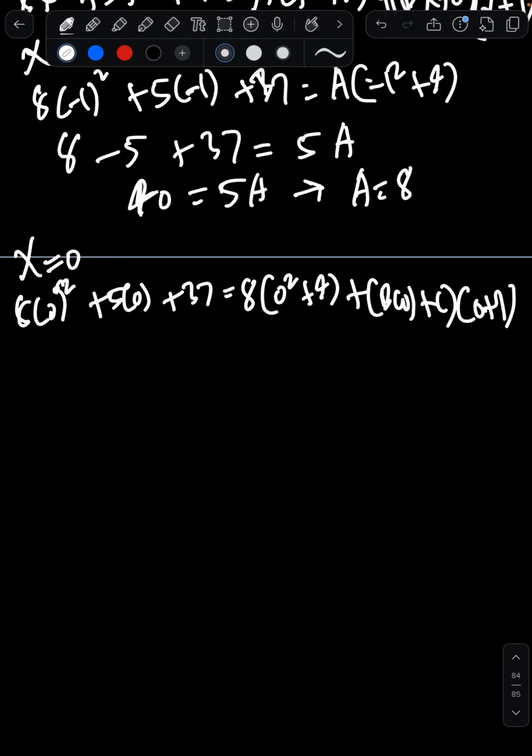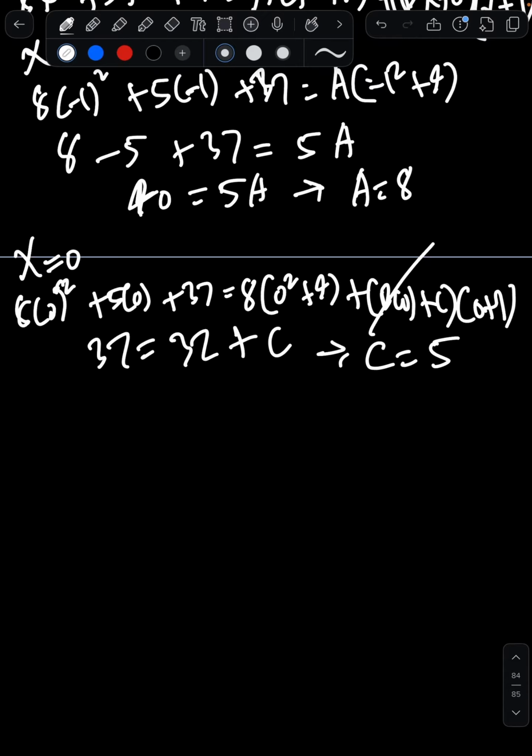Simplifying the left-hand side will give us 0 plus 0 plus 37, which is equal to 8 times 0 squared plus 4. 0 squared plus 4 is just 4, times 8, which is 32. And notice the B times 0 will cancel out. And 0 plus 1 is 1, and 1 times C leaves you with C. Subtracting 32 from both sides will give you C is equal to 5.